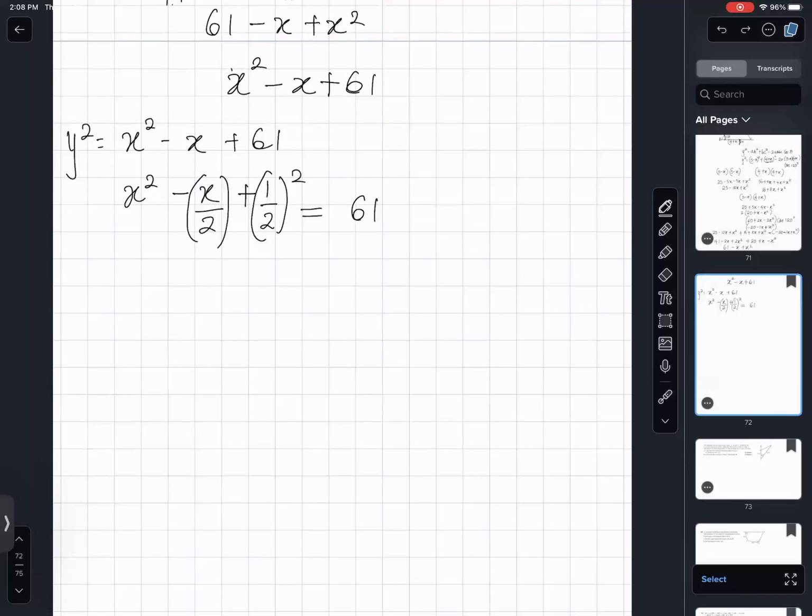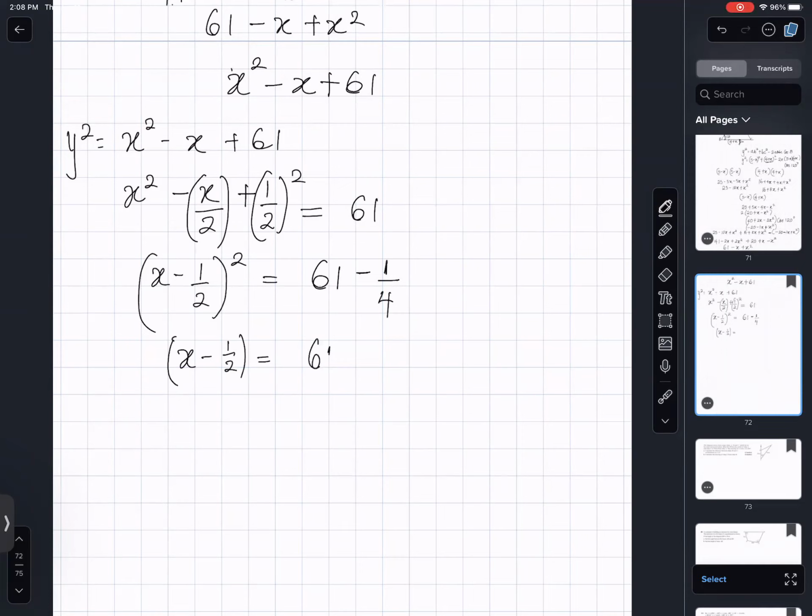If you factorize this equation, I'm going to have x minus 1 over 2 squared equals 61 minus 1 over 4.